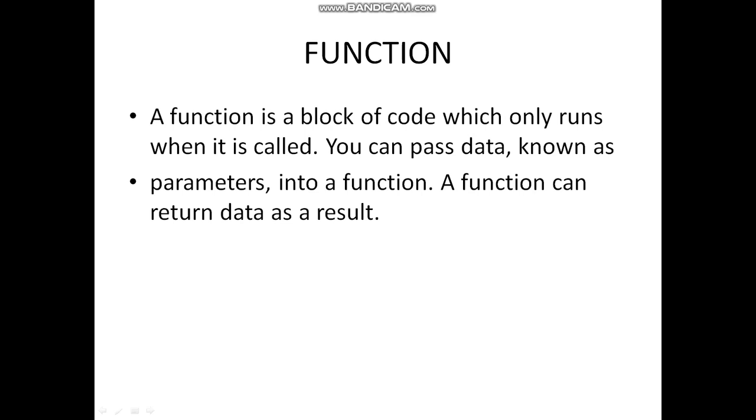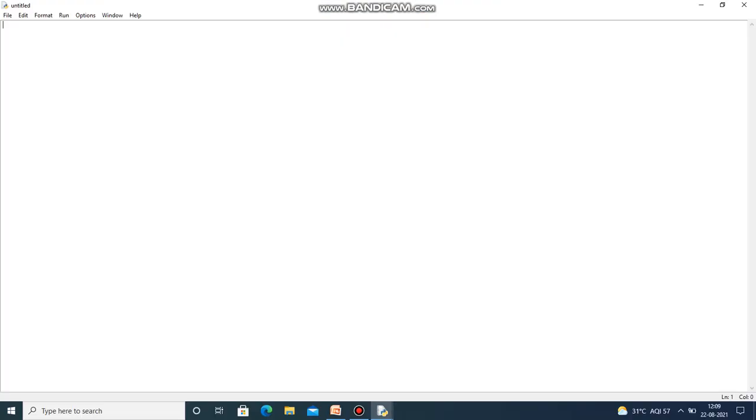Now I'll show you an example of how to create a function. Here we are going to use Python, which I have downloaded from python.org. Let's create a function to find the sum of two numbers. Let's name it addition. Now you have to follow it by a colon, and inside it you are going to give the program.